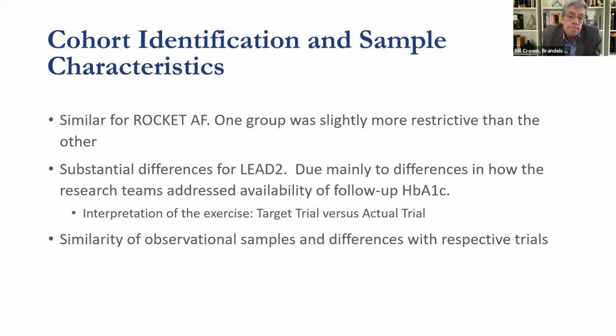First was the issue of the cohort identification and the characteristics of the samples that were identified by the two different research teams for the two trials, and how those compared to the trial characteristics. And for both research teams, the sizes of the cohorts and the characteristics that they identified for the rocket atrial fibrillation trial were very similar.